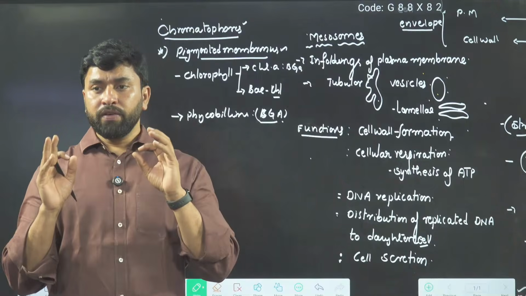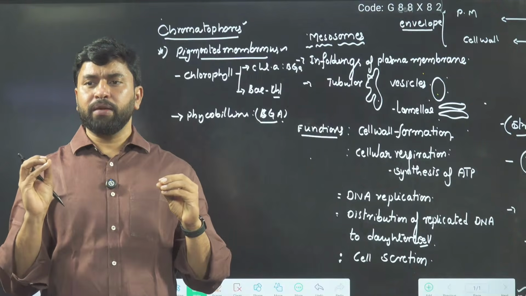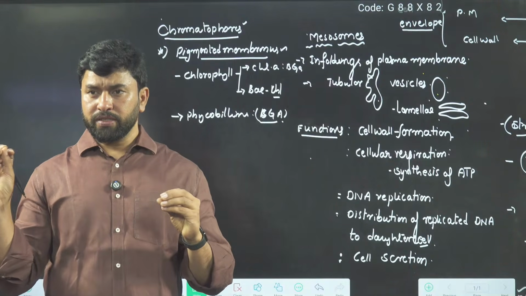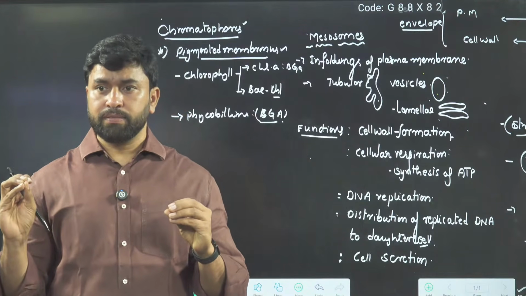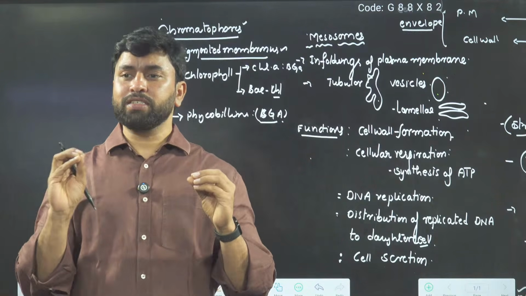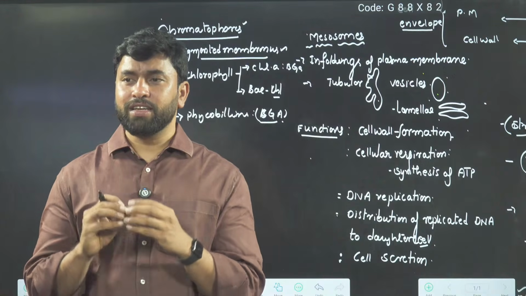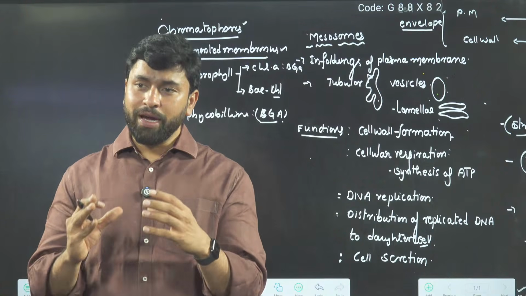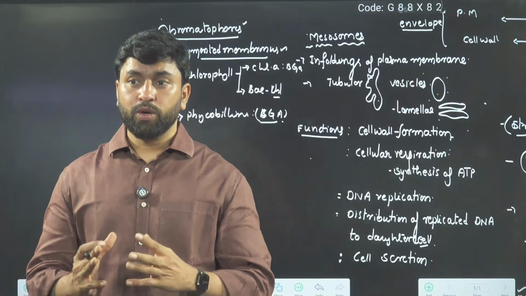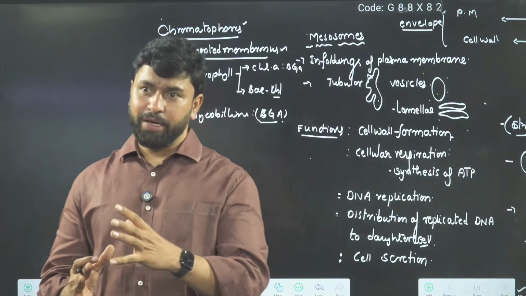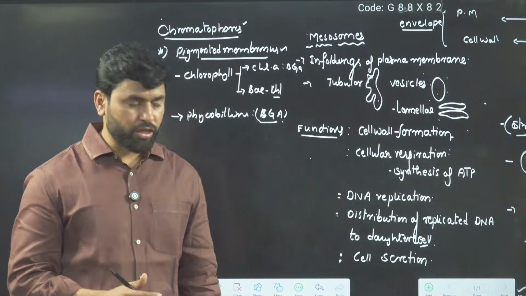If a eukaryotic cell performs photosynthesis, that is due to chloroplast. If a prokaryotic cell performs photosynthesis, that is due to chromatophores, because a prokaryotic cell does not possess chloroplast. Still they can maintain photosynthetic machinery.